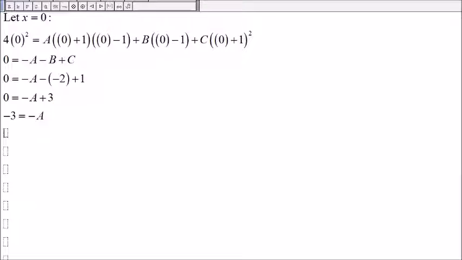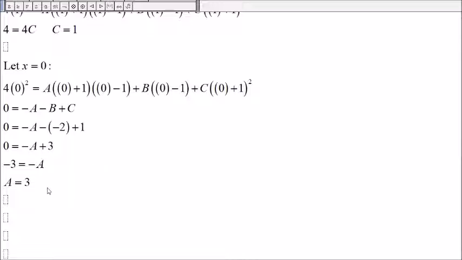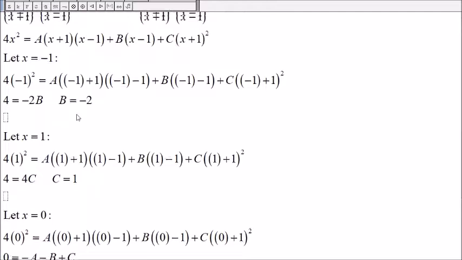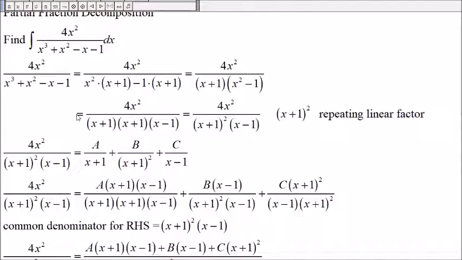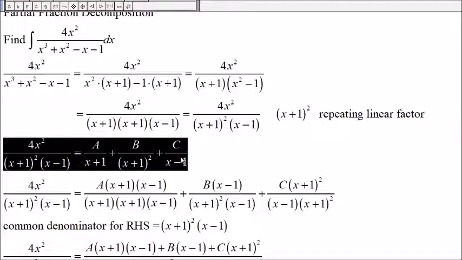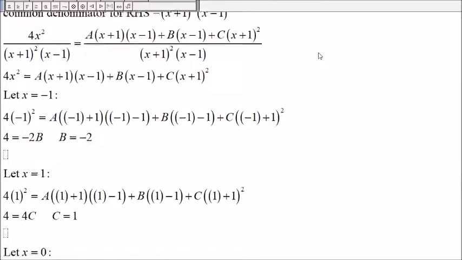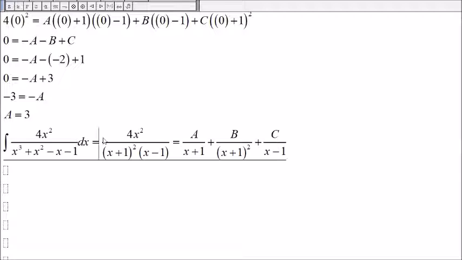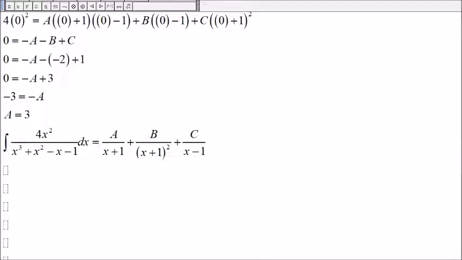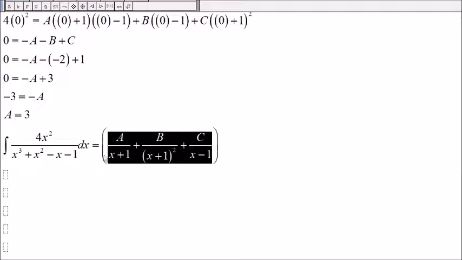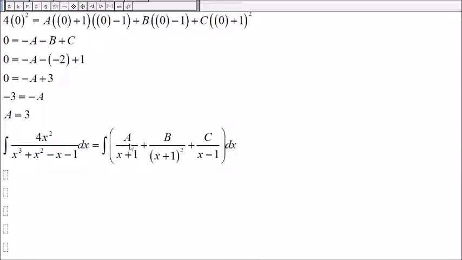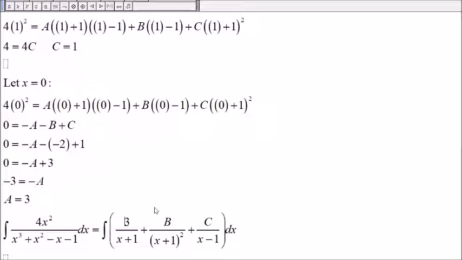And then multiply both sides by negative 1, so a will be 3. And so a is 3, b is negative 2, and c is 1.